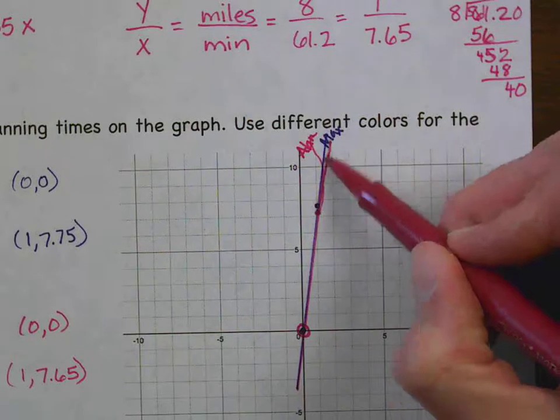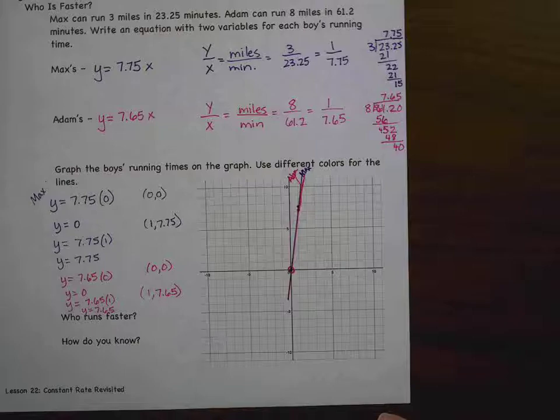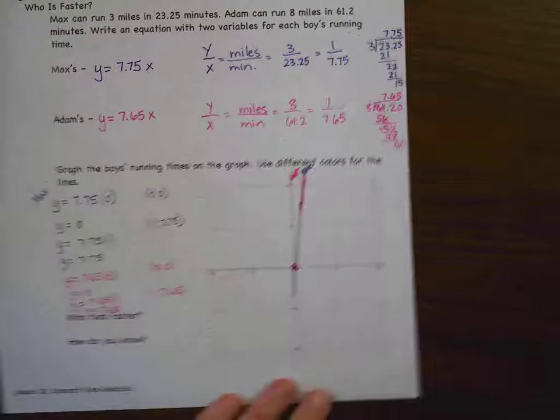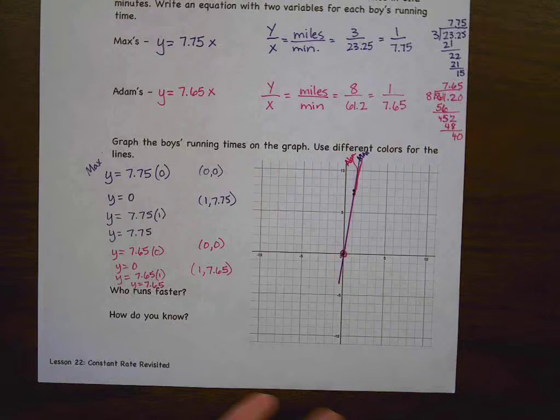The pink is actually here, and the dark purple was Max's. They look very close, but they are slightly different. By plugging those in and graphing them, we can see that they are only slightly different.